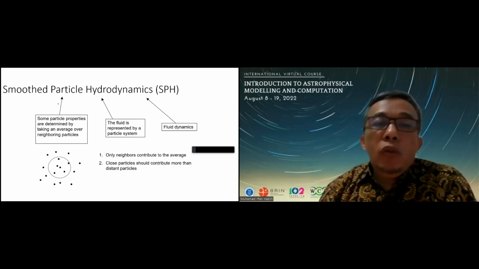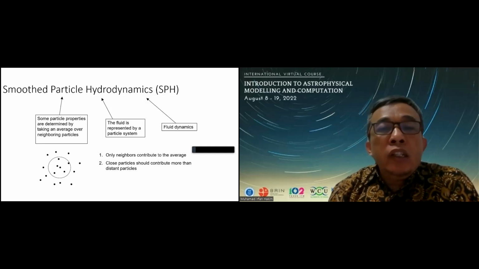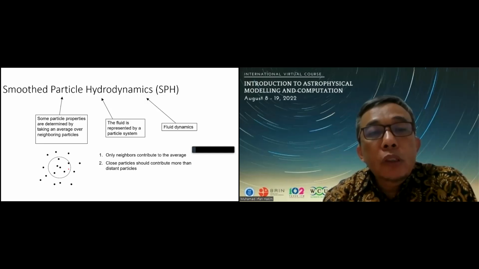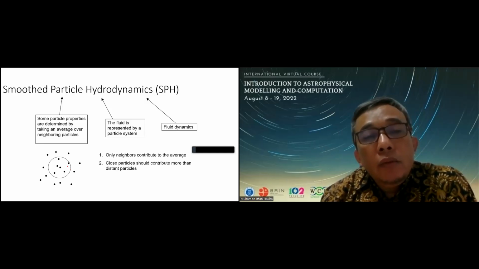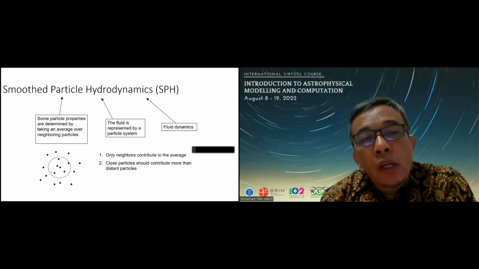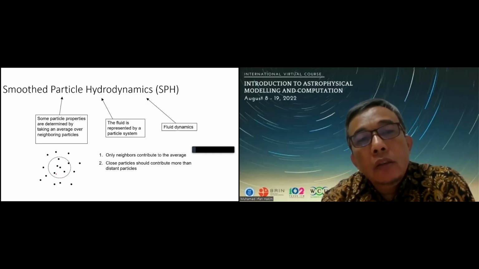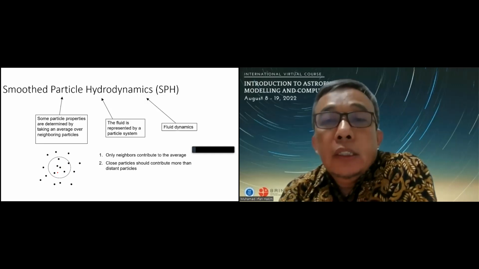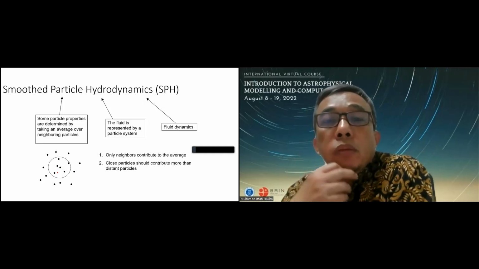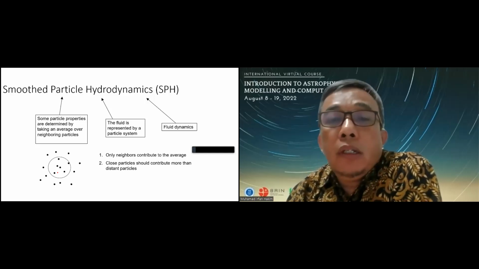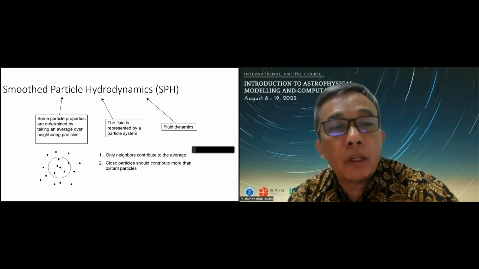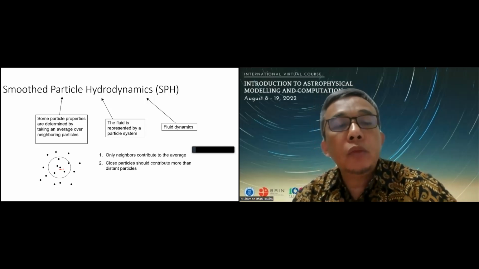The word smooth also means that close particles should contribute more than a distant particle. So here we figure out the circle to give a description of how the neighbors contribute to a particle, for example, here.